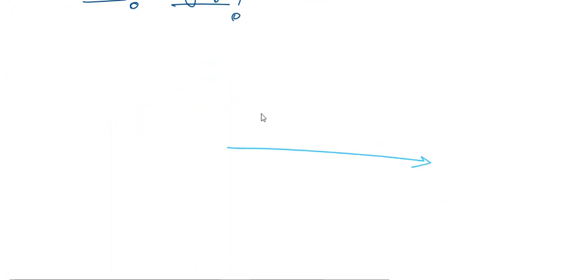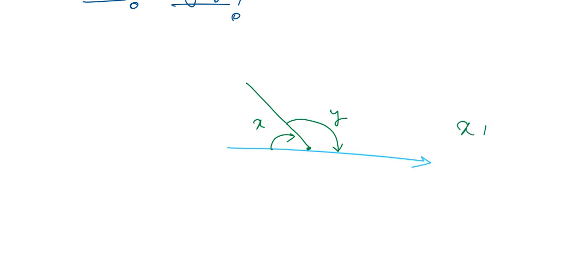If I have a line, and another line intersecting over it, I have two angles, let me call them X and Y. Since it is a straight line, X plus Y would be 180 always.